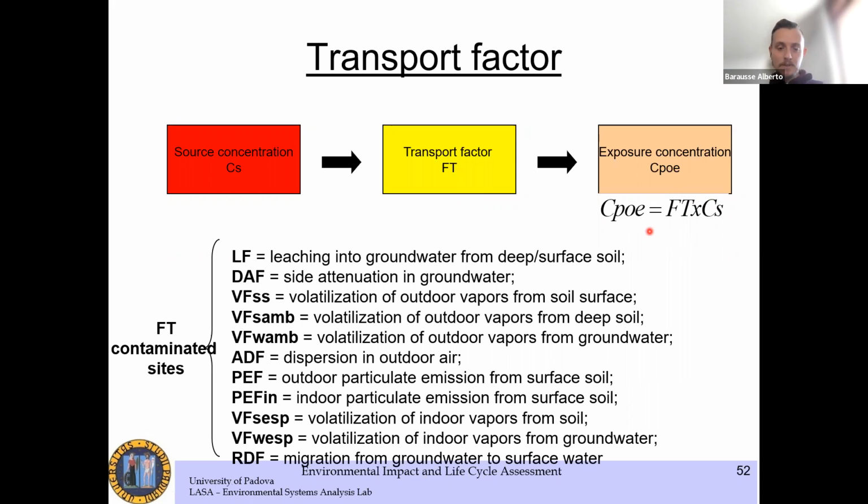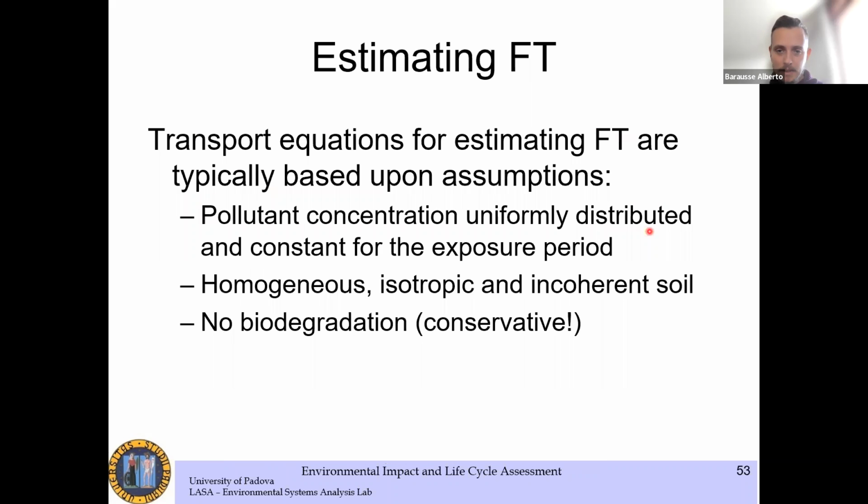So the transport factor may take into account, for example, processes such as dilution, leaching into groundwater, volatilization, dispersion, hydraulic dispersion, air dispersion, and things like that. And there are, of course, models, equations you find in technical guidelines to estimate that transport factor.